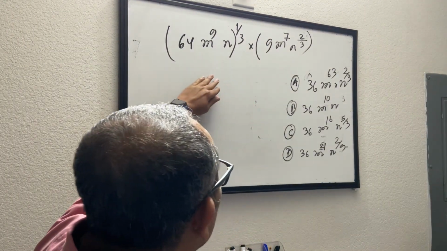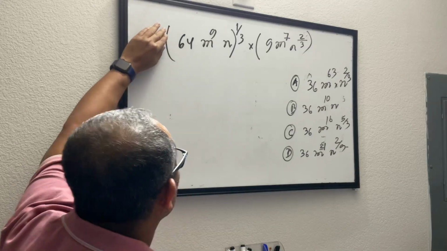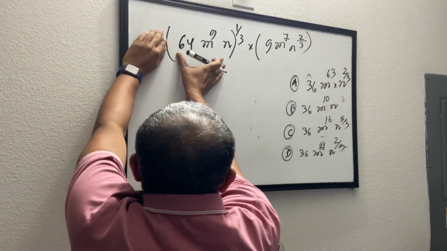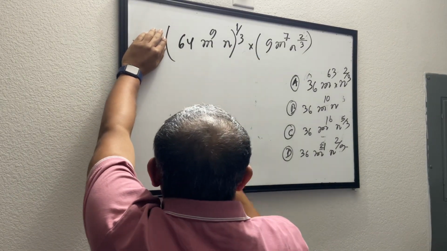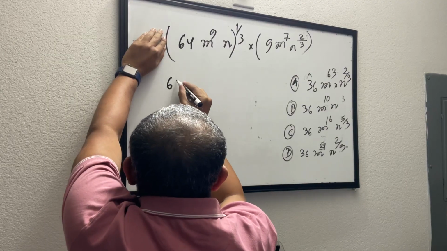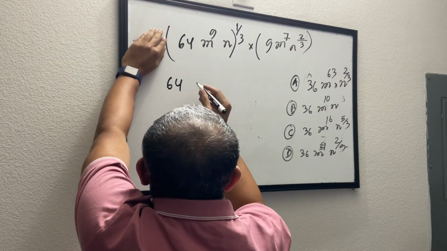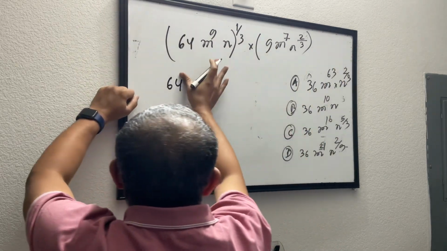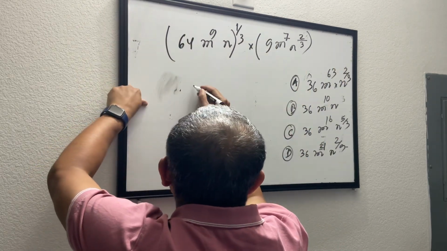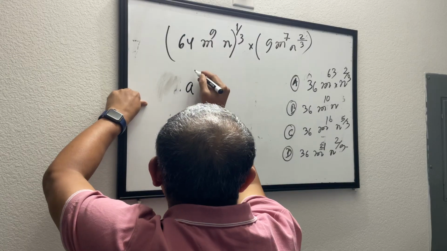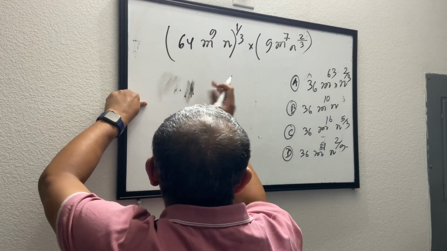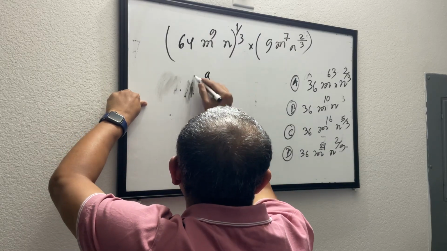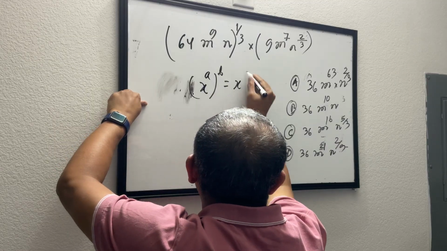Now, okay, let's look at it. What we have is 64 m to the power 9 n. So 64, if I just explode it, what happens? It says x to the power a, the whole thing to the power b equals x to the power a times b.